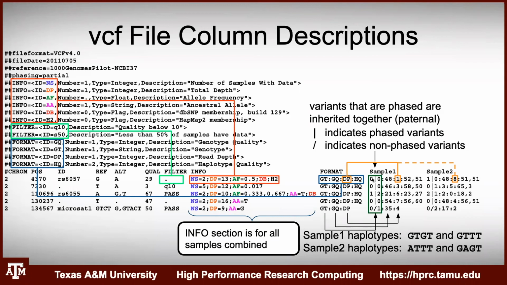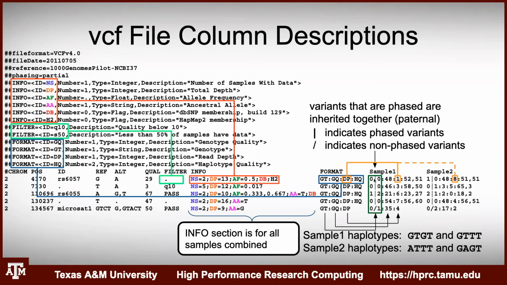So right here, you can see this is the genotype. So 0, the pipe symbol 0, indicates that these are phased, so they're found right on the same chromosome. And here is the genotype quality, 48. If it's a slash like this, it indicates the variants are not phased.